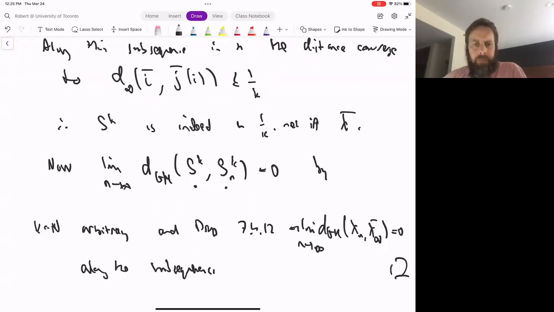Questions? Okay, so that's somehow the big compactness result. And it's this very abstract thing where I choose a subsequence of the metric spaces and a dense set of points in each of the metric spaces.